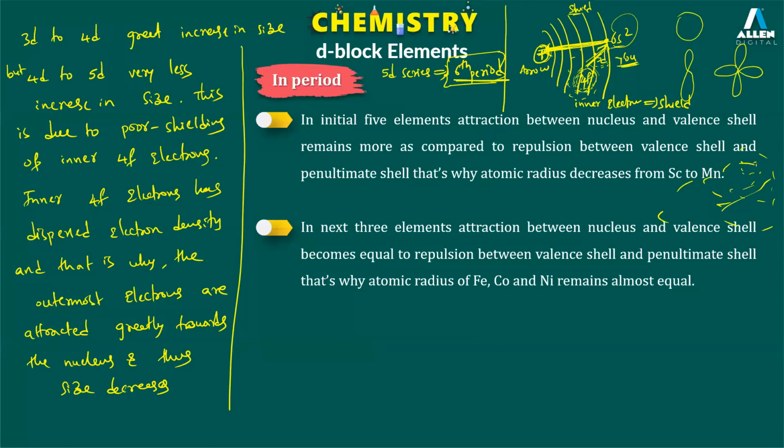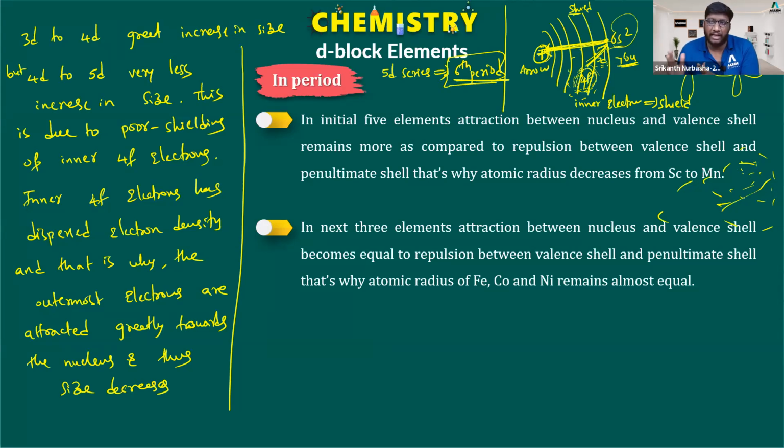Yes, sir. Just 2 points you need to understand. What is the first point? Like in a series, in a 3D series, what happens? From the first element to the middle element of the series, size decreases. Why? Nuclear charge is the dominant factor.